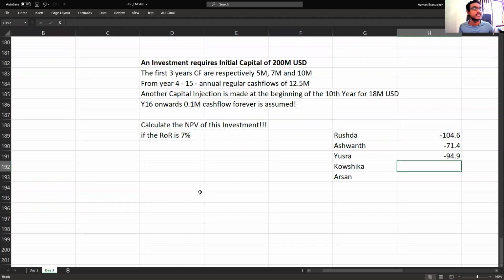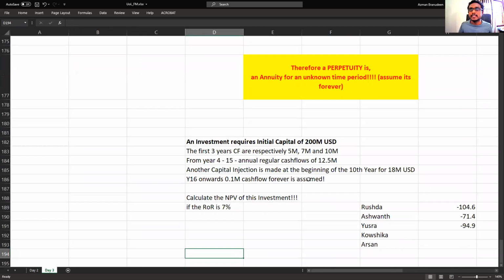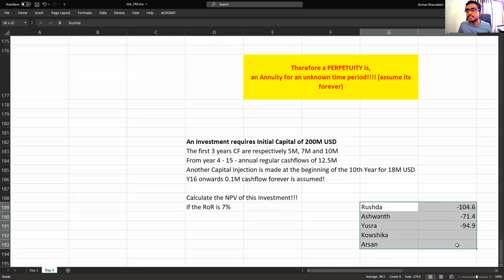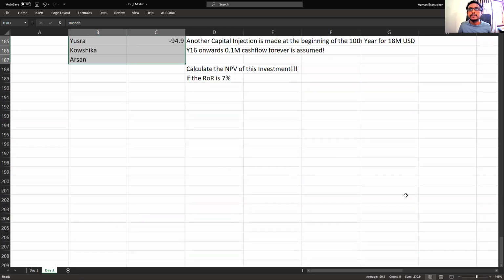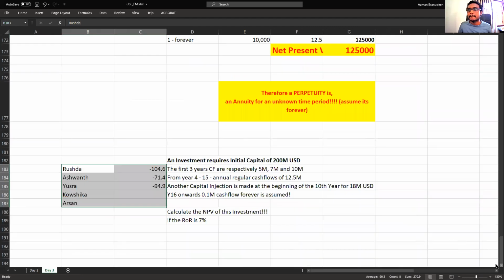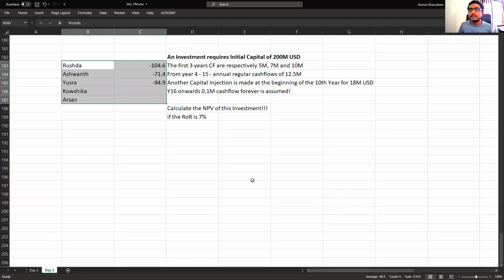Arasan? I'm stuck in the middle. Okay, annuity. Then I'll also slowly start working on it. I have to reduce the scroll.